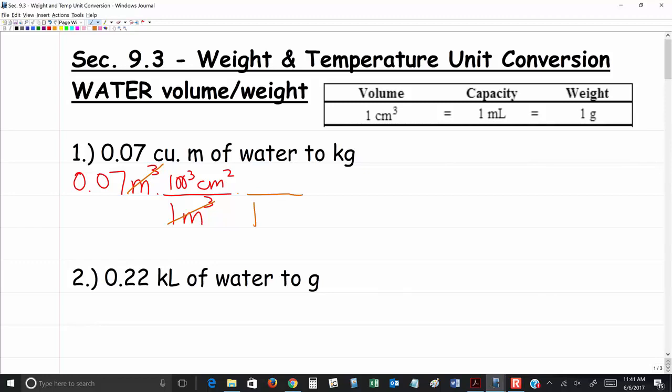And then 1 cubic centimeter is equal to 1 gram. I don't need to put milliliters right there, I just need to put grams, as I'm only going to be worrying about grams at this point.